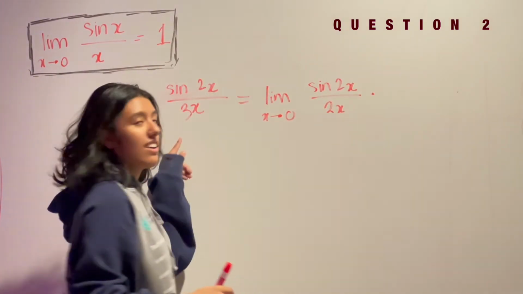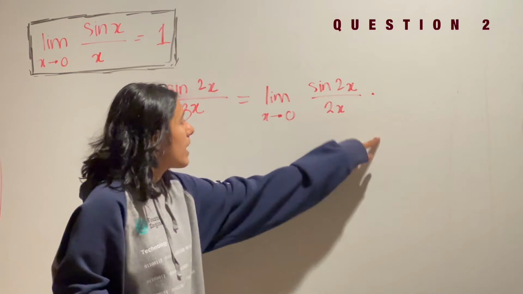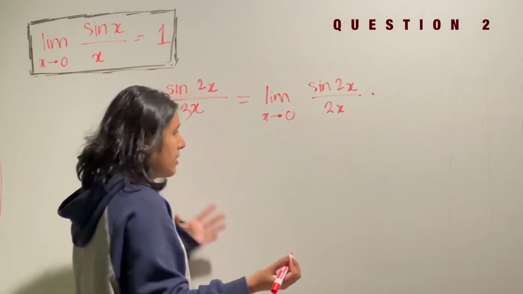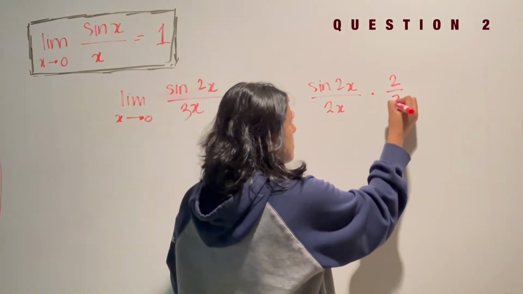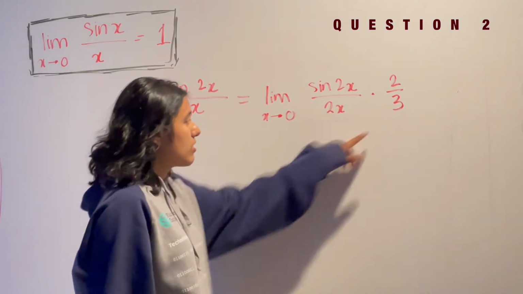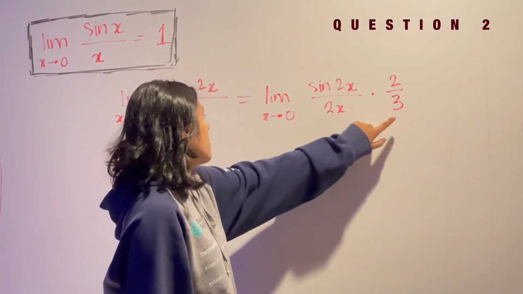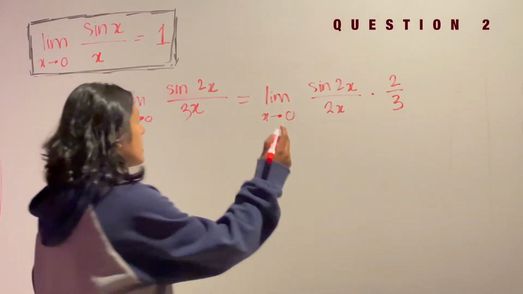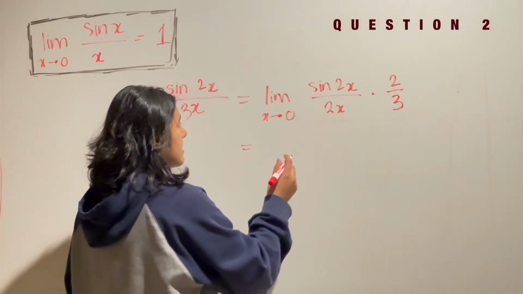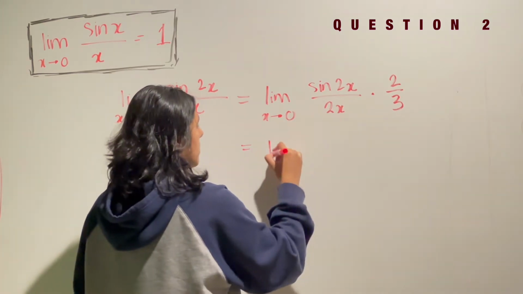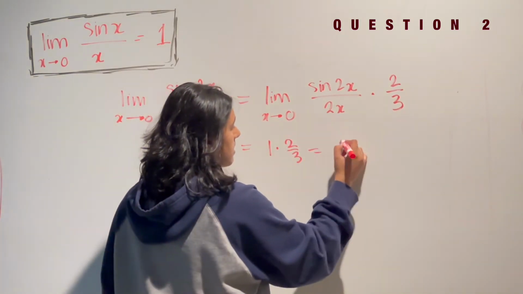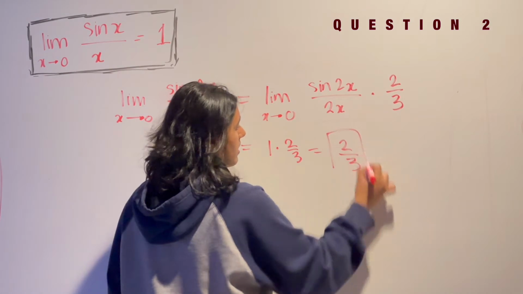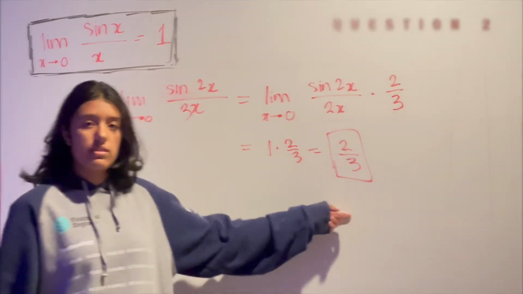This is definitely not equal to this. So what can we multiply with this to get this? Well, we can multiply by 2/3. The 2 and the 2 cancel out, the 3 stays here, and we get 3 times x, which is 3x, and the numerator stays the same. So now we can simplify this. This is essentially 1 times 2/3, that equals 2/3. So our limit is 2/3.